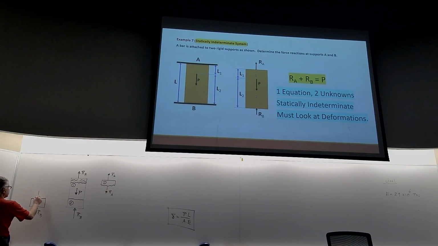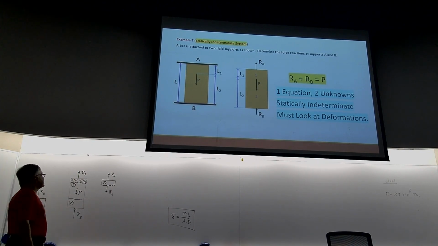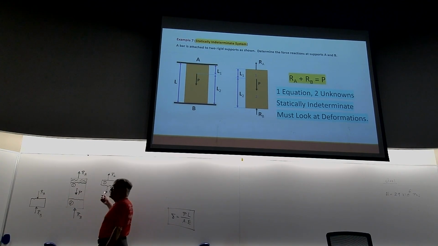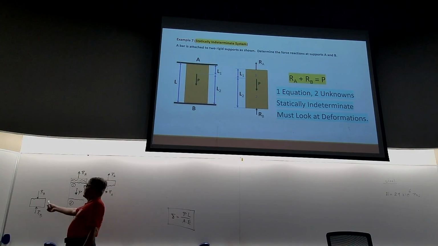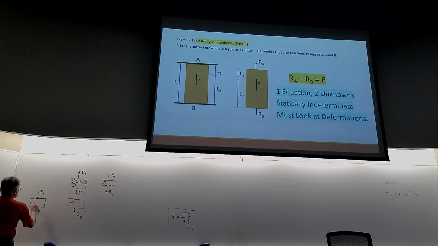So we make the same thing here in the downward direction. So what this shows is that segment one is in tension and it's going to get longer. Segment two is in compression, so it's going to get shorter.